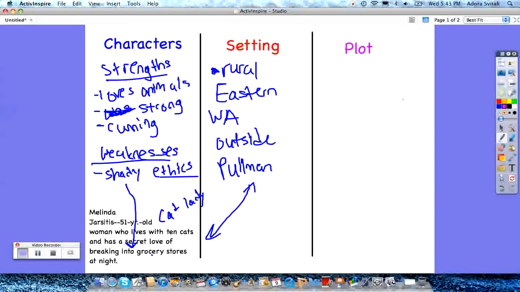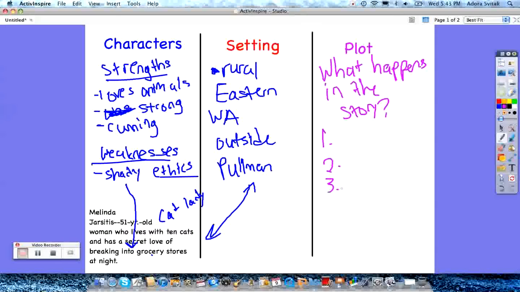And moving on to plot. What happens in the story is what plot is. And asking yourself that, you don't want to just do 1, 2, 3. You also want to think on a broader level about what happens in the plot. How does it affect the character?